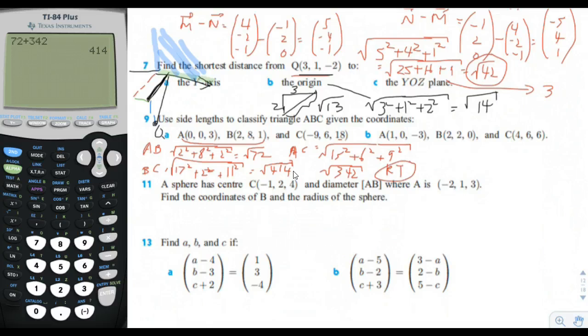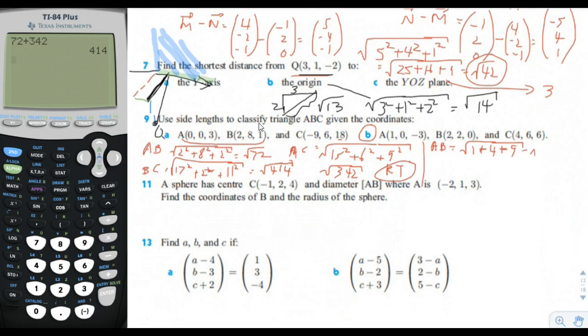All right, what about B? Okay, since it's a book problem, of course we're going to get something nice and neat like that. So AB would be equal to the square root of 1 squared plus 2 squared, 4, plus 3 squared, 9, so the square root of 14.